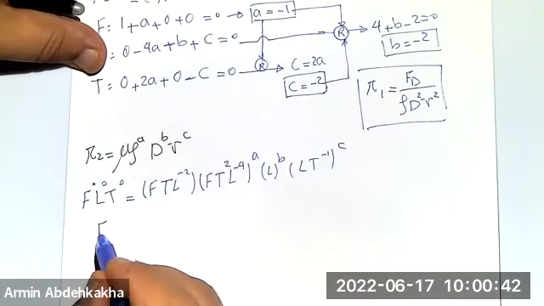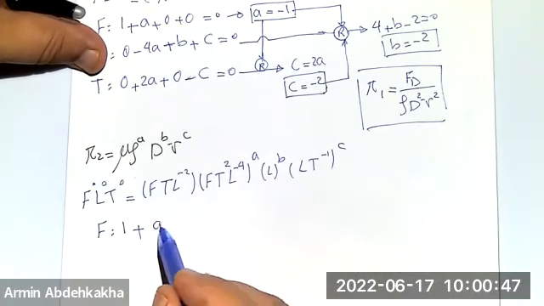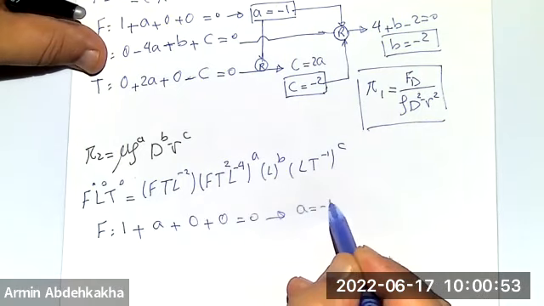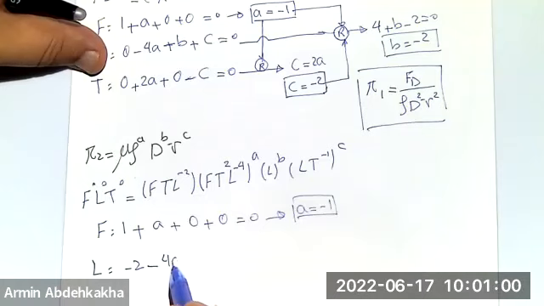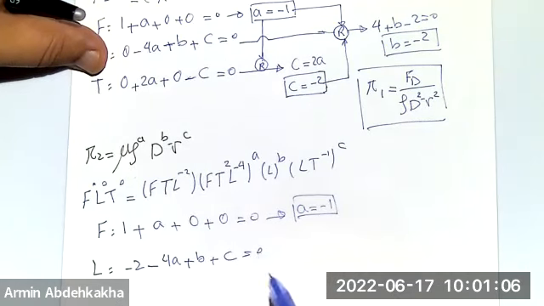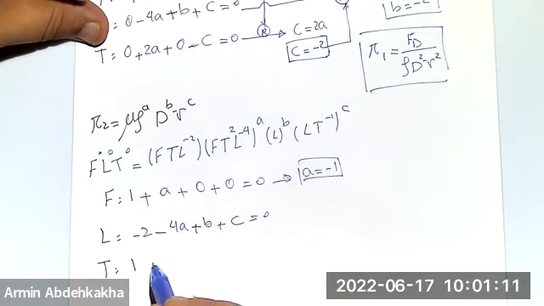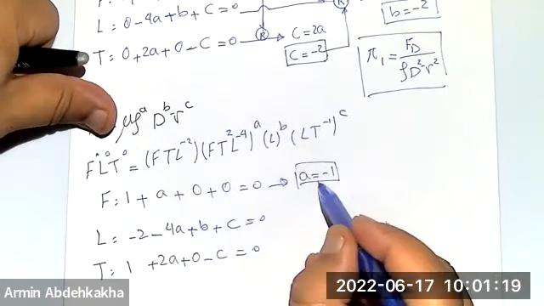For F, we have 1 here, plus a plus 0 and 0 equal to 0. Again, a would be minus 1. For L, we have minus 2 minus 4a plus b plus c equal to 0. And for T, we have 1 plus 2a plus 0 minus c equal to 0. Then you have to replace here.